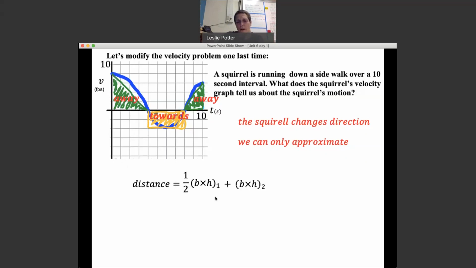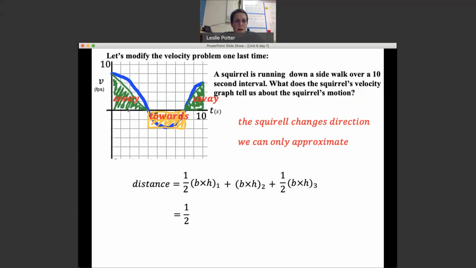And then this orange rectangle is going to be base times height. Again, it has its own base and its own height, so I'll give it the subscript 2. And this last triangular region is one half base times height, again its own base and its own height, so I'll give it subscript 3. Let's go ahead and fill in the information.